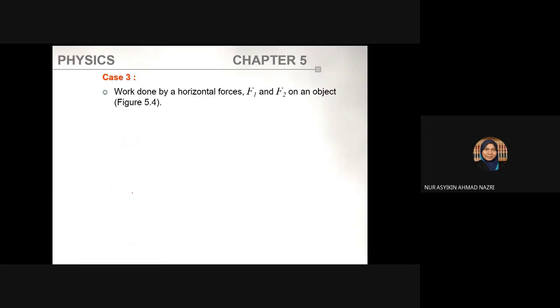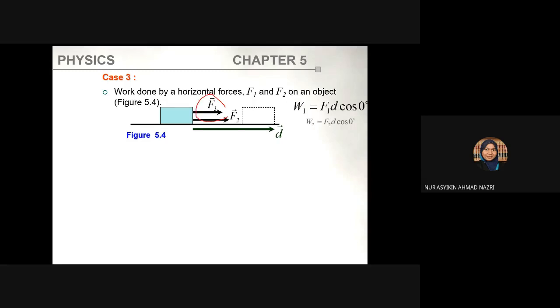Okay. So work done by horizontal forces. For example, we have more than one force, both horizontal. Then what happened?